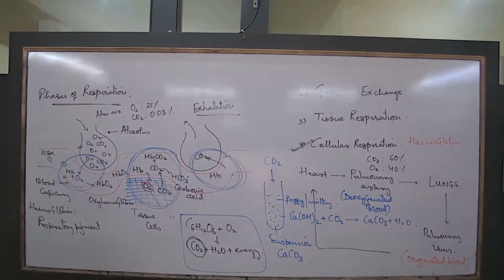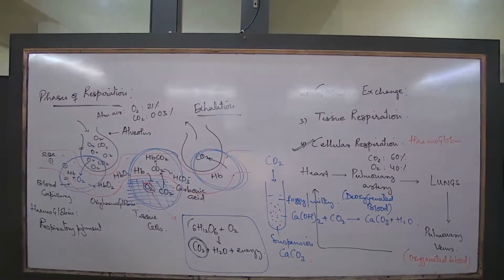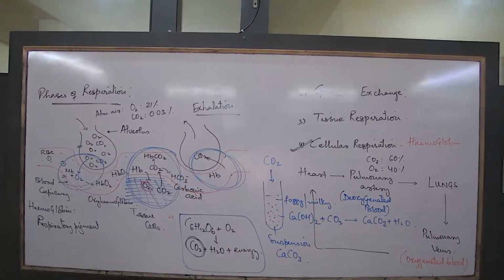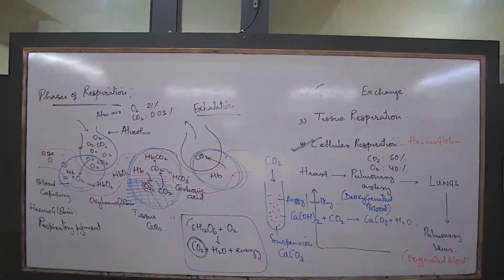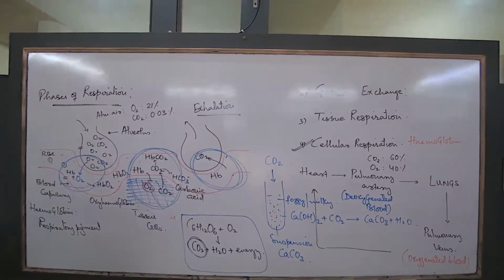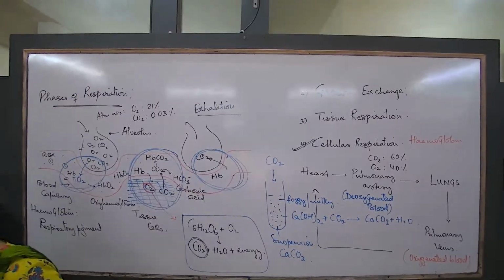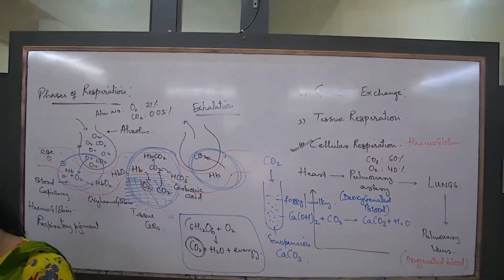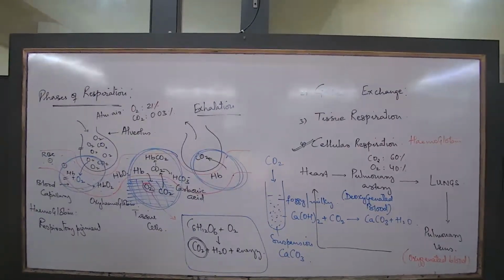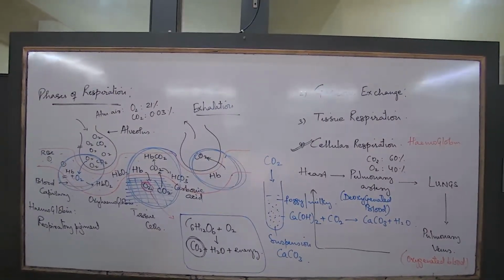Glucose. The breakdown of glucose you'll have to write down. The sites A and B, respectively, are to be mentioned. Glucose to pyruvate takes place where? In the cytoplasm. Correct? So A will be cytoplasm, plus pyruvate plus energy, and B will be what?